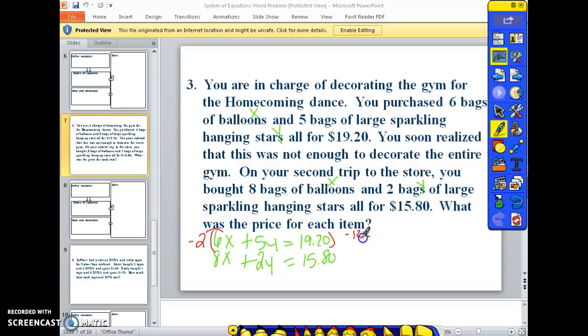That's negative 12X minus 10Y equals negative $38.40. Multiply the bottom equation by 5. 5 times 8X is 40X. 5 times 2Y is 10Y. And 5 times $15.80 is $79.